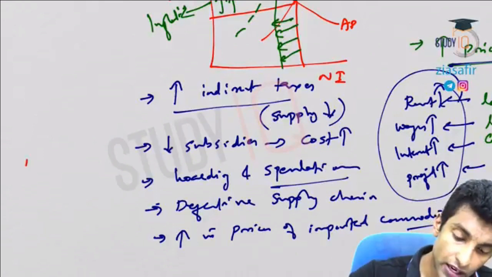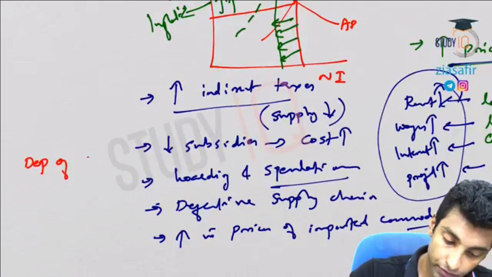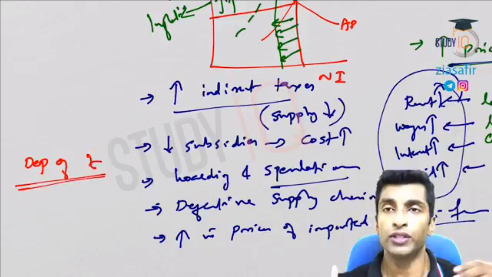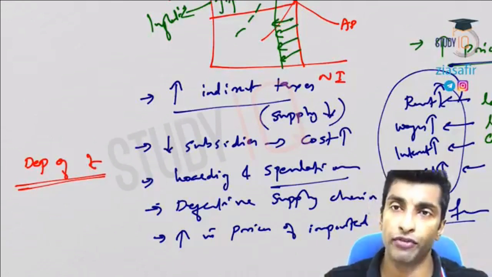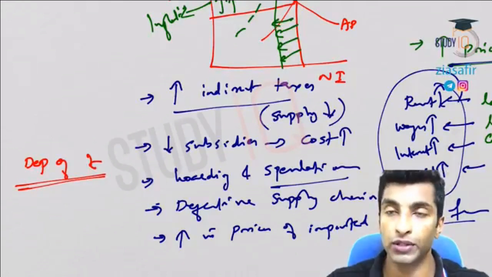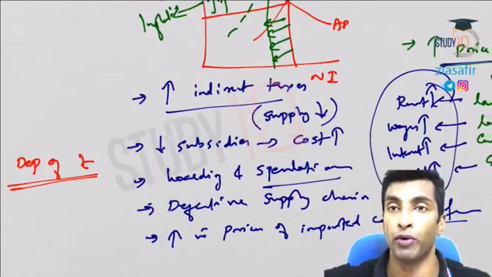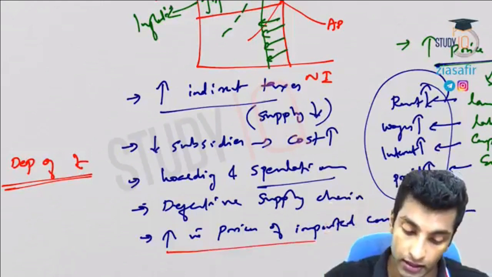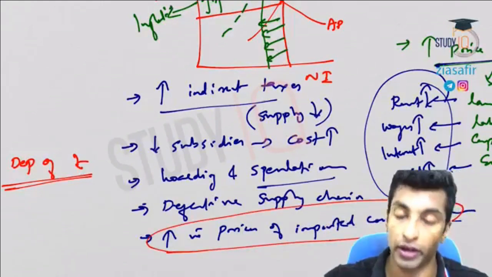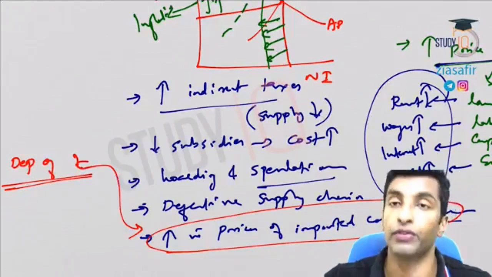What about depreciation of currency? Depreciation of rupee. Now see, depreciation of rupee we have already seen from the demand side. Here we need to see from the supply side. Depreciation of rupee means for imports now you need to pay more. So what will happen? This increases the price of imported commodities. So already we have discussed, this is connected with this.